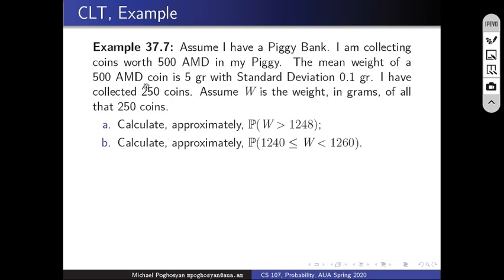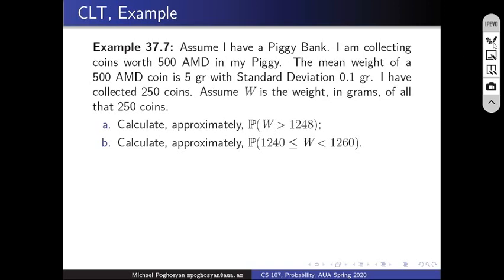If I have 250 coins, and every coin is 5 grams on average, then on average I have 1250 grams. But some coins will be heavier, some lighter, so I want to calculate the probability of this.